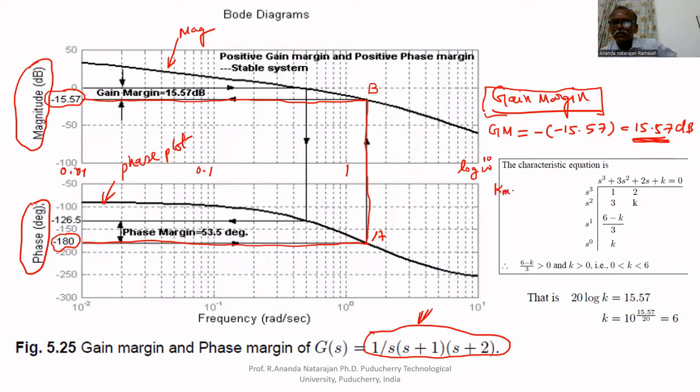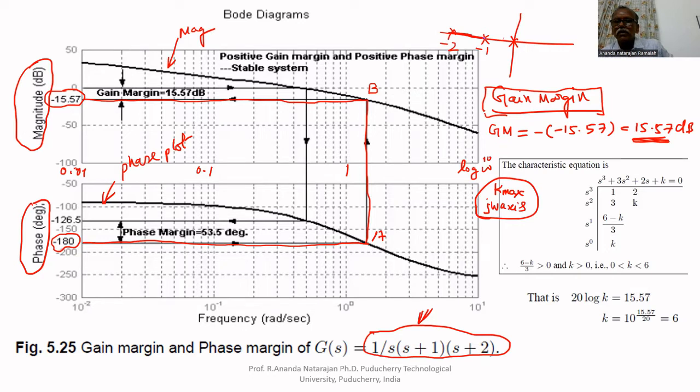For Kmax, the system will be on the verge of instability and its poles will be on the j omega axis. That Kmax we can find by Routh array. This is a third order system. One pole is at origin, another pole at minus 1, and the third pole is at minus 2.